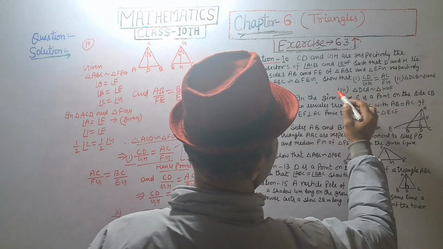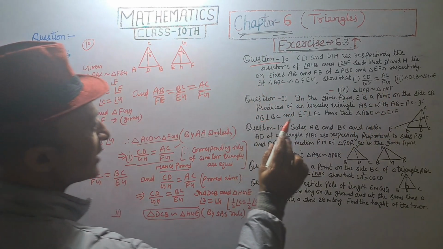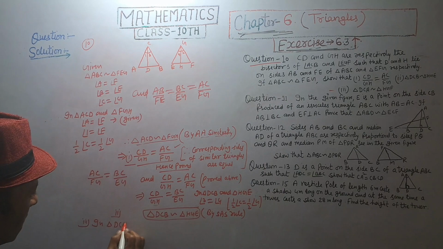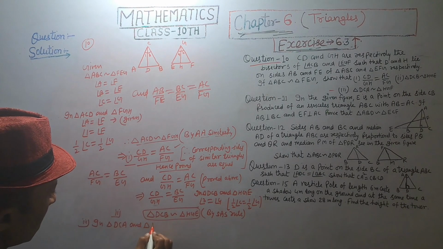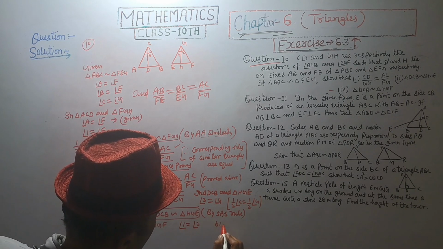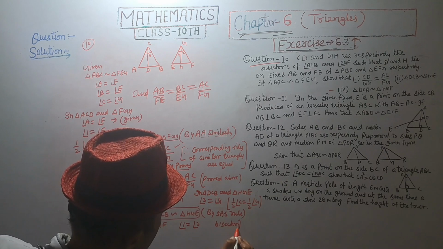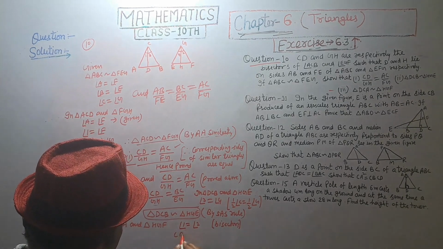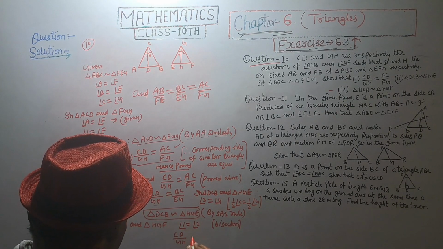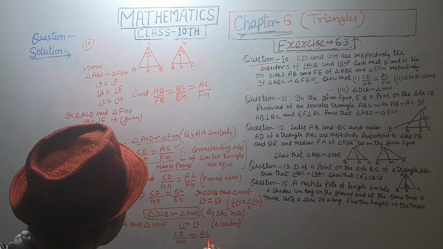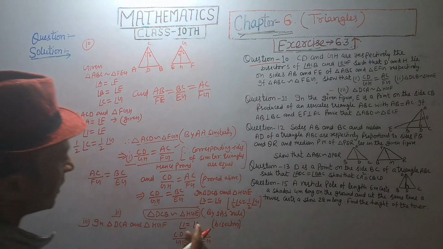And in triangle DCA and triangle HGF, angle 1 is equal to angle 2 by bisectors, and CD upon GH is equal to AC upon FG.